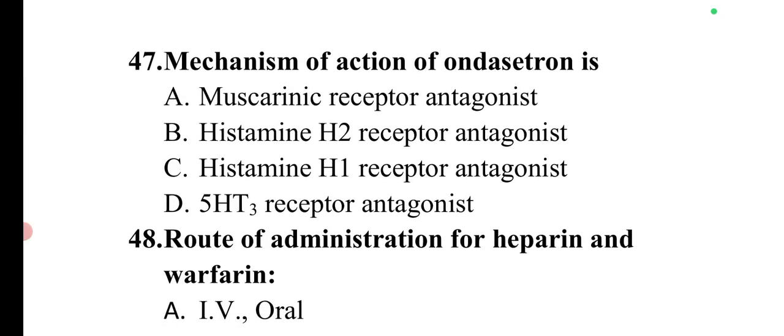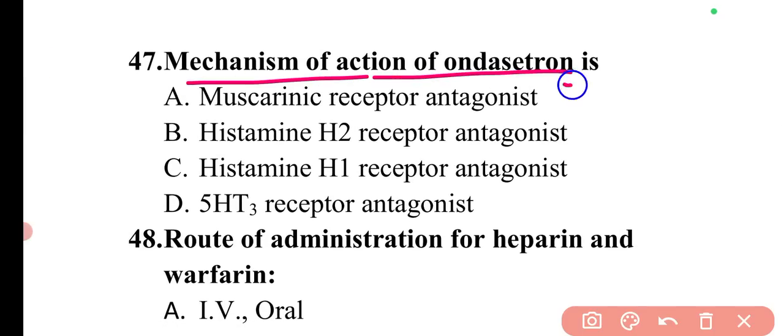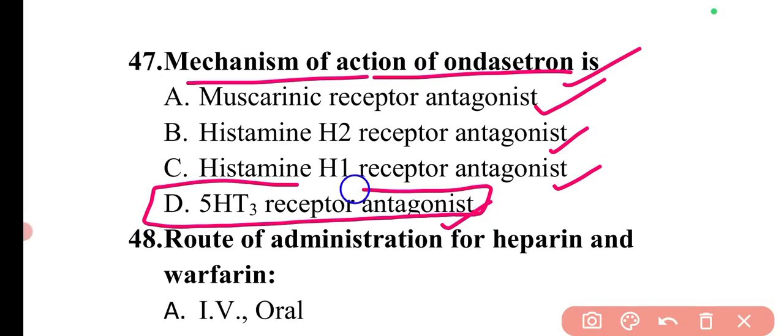Next question is, mechanism of action of ondansetron is, options are muscarinic receptor antagonist, histamine H2 receptor antagonist, histamine H1 receptor antagonist, or 5-HT3 receptor antagonist. The correct answer is option number D, 5-HT3 receptor antagonist.